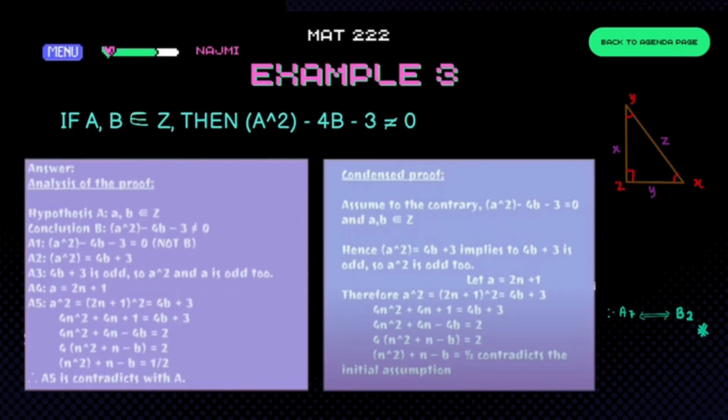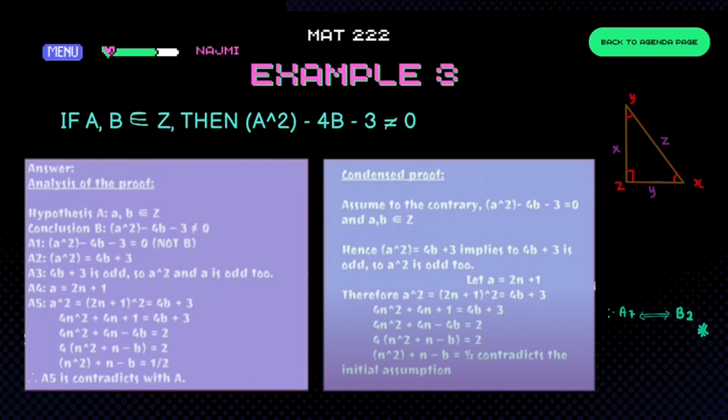Example 3. If a and b are integers, then a squared minus 4b minus 3 does not equal 0. Analysis of the proof. Hypothesis A, a and b are integers. Conclusion B, a squared minus 4b minus 3 does not equal 0.